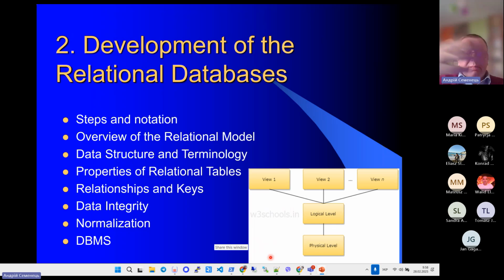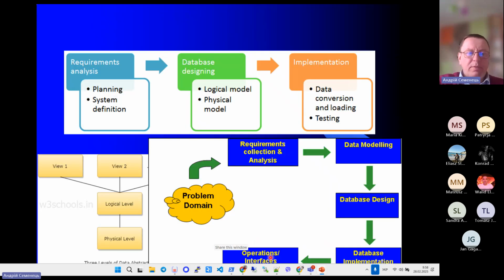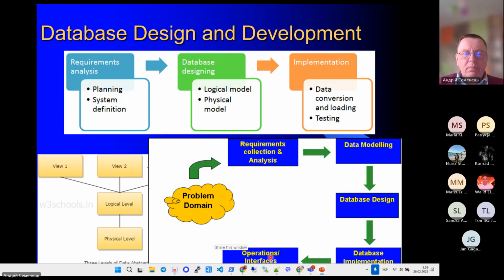Now let's step by step go through the development process of relational databases: a more detailed review of the relational model, structure, terminology, properties of relational tables, keys, data integrity, and so on. Finally, DBMS.